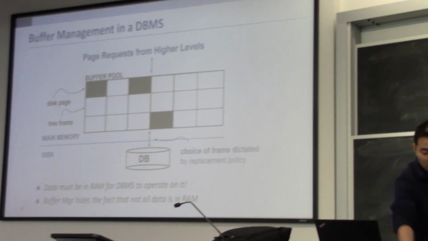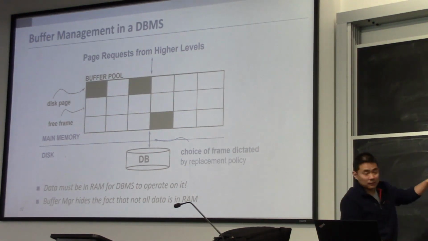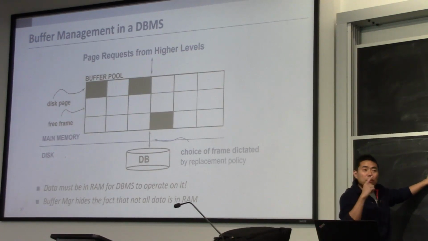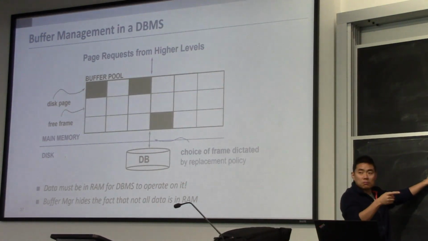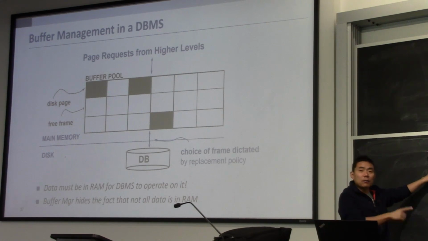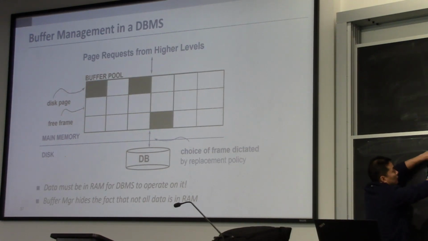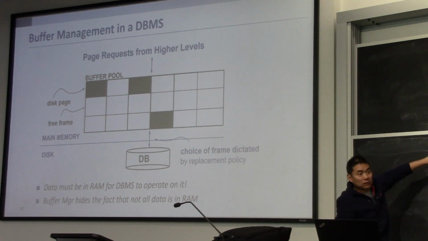Now, imagine this is like a pin. Now you request this page. After you're done with it, if your prediction is somebody else, another transaction, or yourself is going to request the same page again, instead of letting the page exit the buffer, you pin it over there.